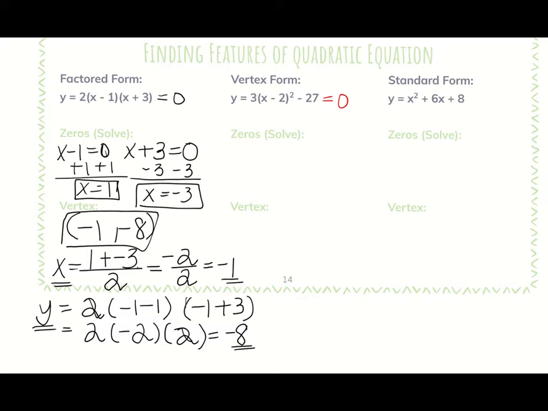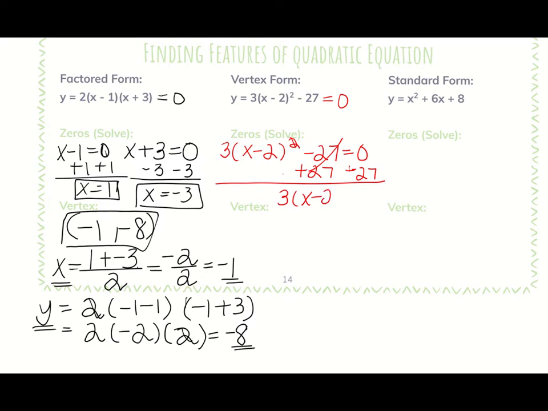So we would have 3 times x minus 2 squared minus 27 equals 0. And we want to get this x minus 2 squared by itself, so we've got to get rid of this minus 27 and this times 3. Solving, I would add over 27, and that would give me 3 times x minus 2 squared equals 27.